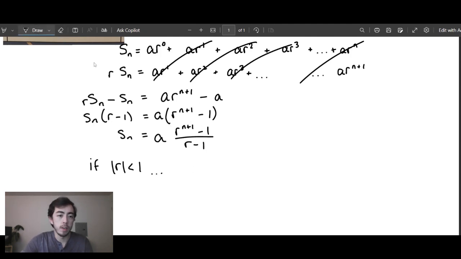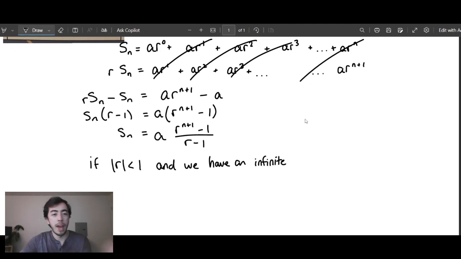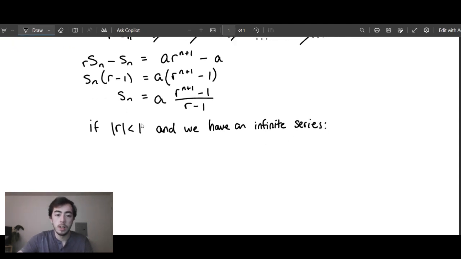So if the absolute value of r is less than 1, and we have an infinite series, that basically just means I'm adding up an infinite amount of numbers, kind of like what we were doing for this problem for today. I'll do s sub infinity.